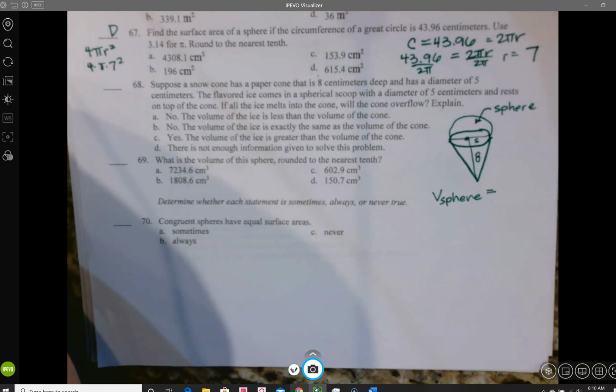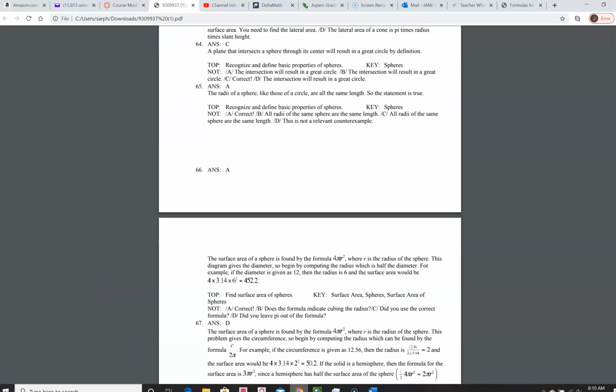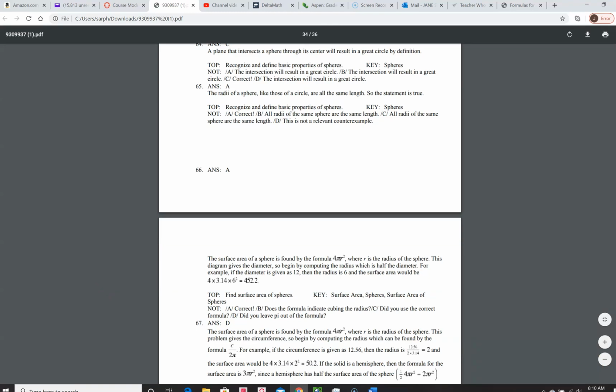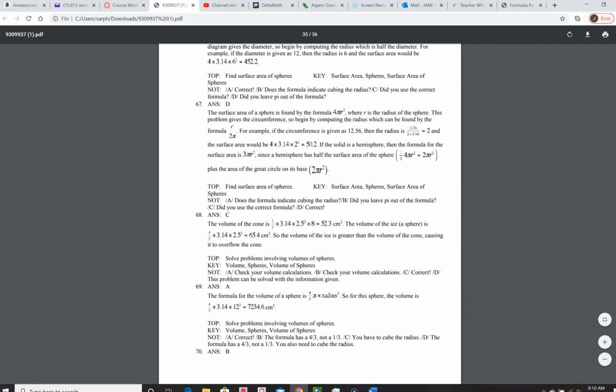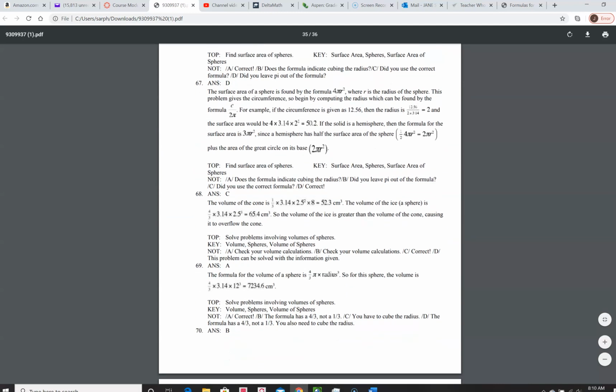I always have to check these. Normally, they don't give you a formula sheet on the ACT. A lot of times they give you formulas, but not a formula sheet. So it's best to go in with them memorized. So the volume of the sphere is 4/3 pi r cubed.